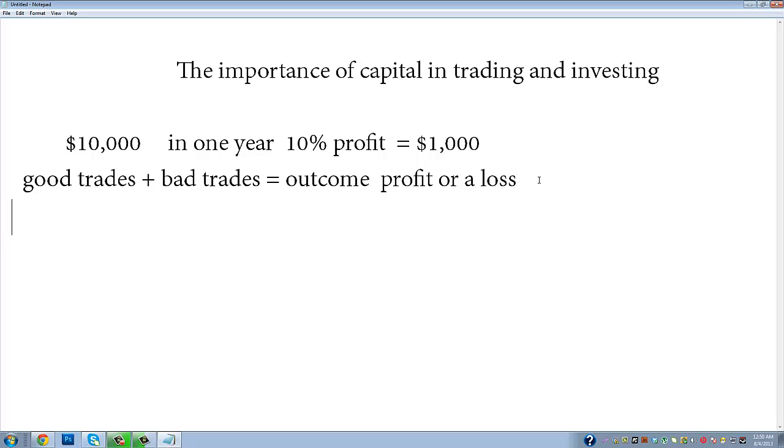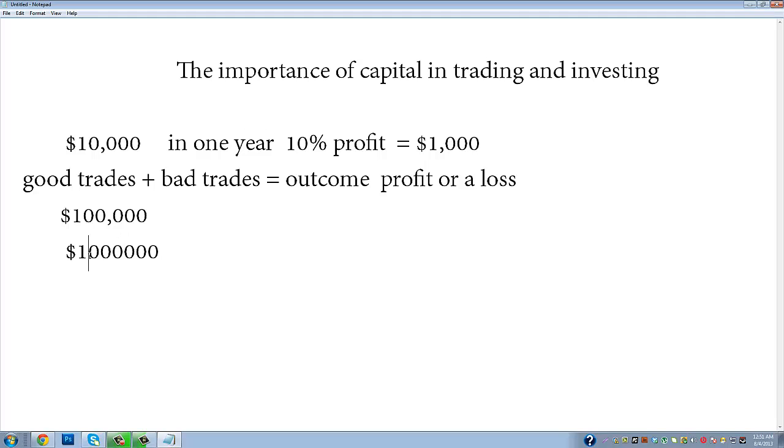Now let's say example number two, someone has $100,000, and number three, someone has like $1 million.